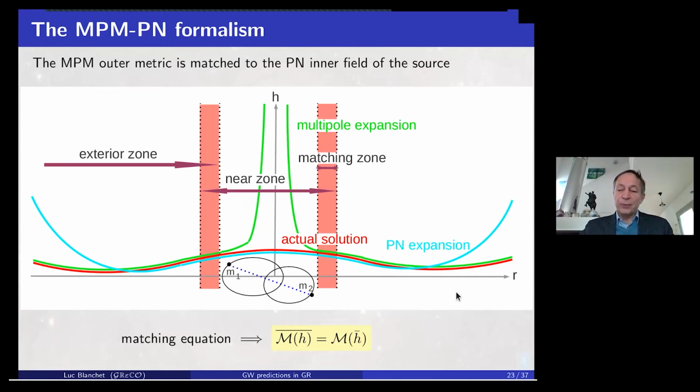And this gives you the full solution in the form of a multipolar expansion far from your source, and inside your source in the form of a post-Newtonian expansion, the two being matched in some intermediate region just outside your system, but still in the near zone of your system. So both approximations are valid in that overlapping region.